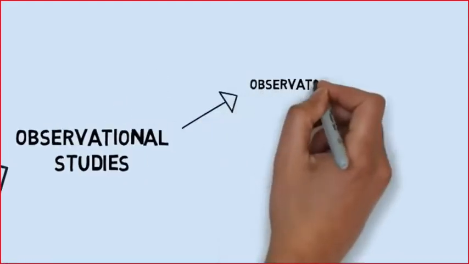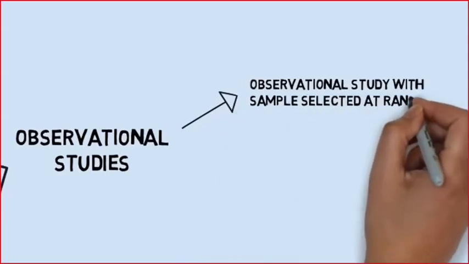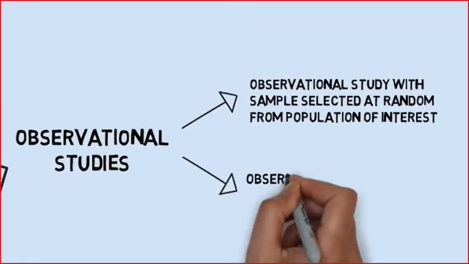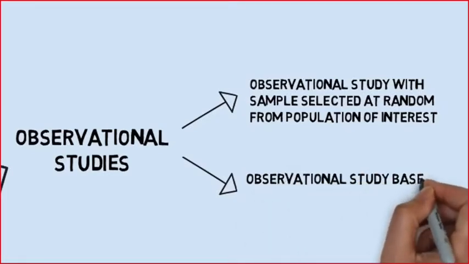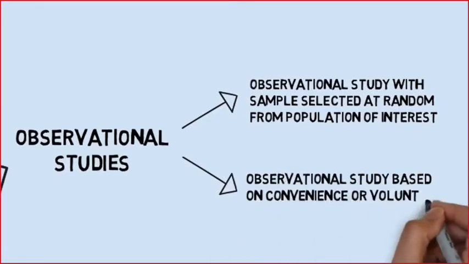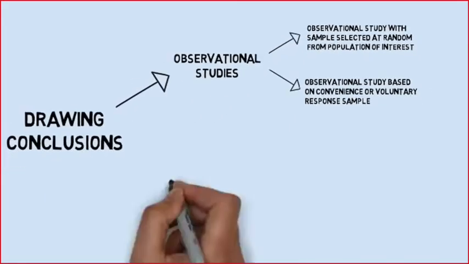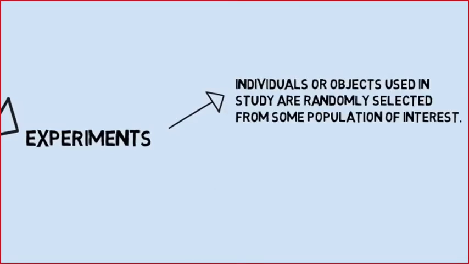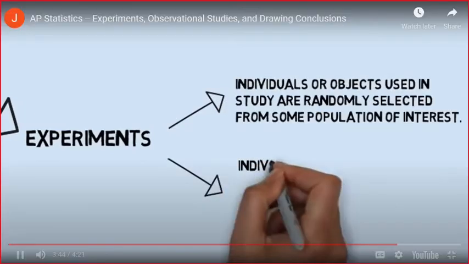The first is when a sample of a population is chosen at random and observed, and results are assumed about the population. The second is when a sample is chosen from convenience rather than at random. As for the experiments, they can be categorized 2 ways as well. One with a random set of experimental units, and one with a volunteer or not random set of experimental units.